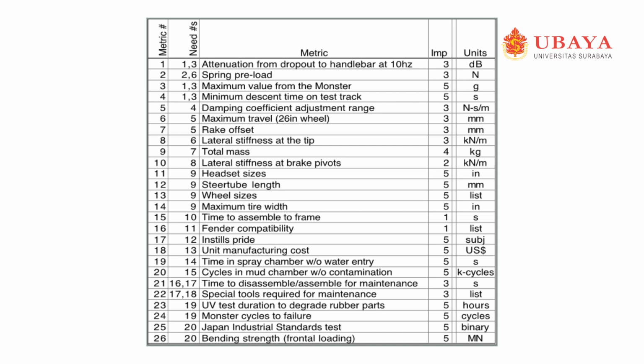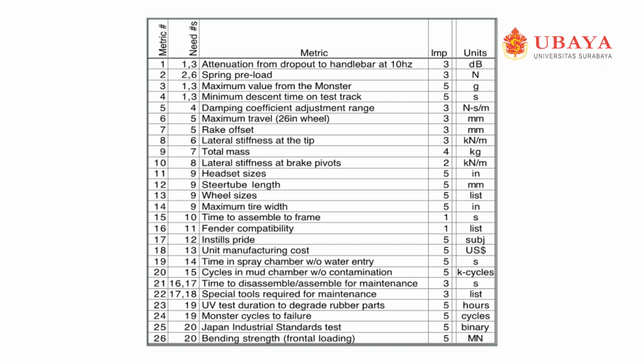Metric number 1 corresponds to needs number 1 and 3. So it means that metric number 1, which is attenuation from dropout to handlebar at 10 Hz, can fulfill needs number 1 and number 3.